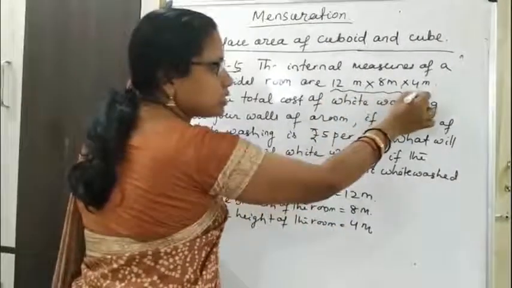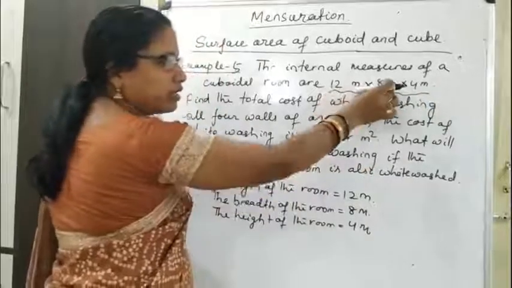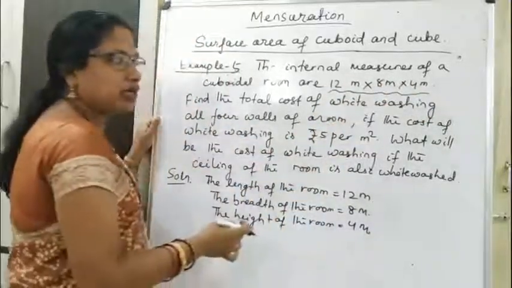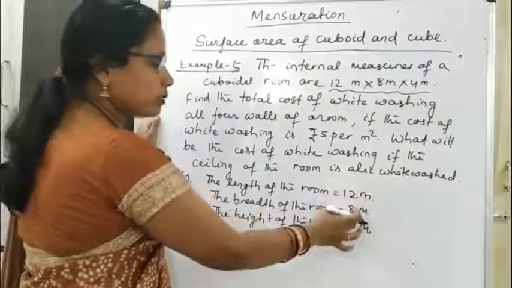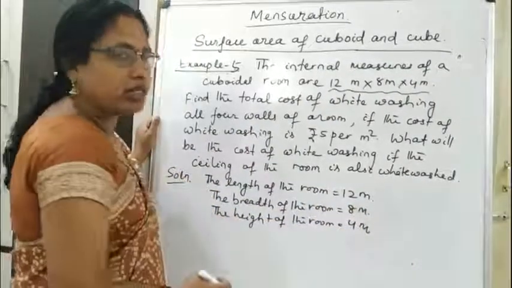So from this you have to understand the first one is length, second one is breadth and third one is height. Length into breadth into height. So here the length is 12 meter, breadth is 8 meter and height is 4 meter.